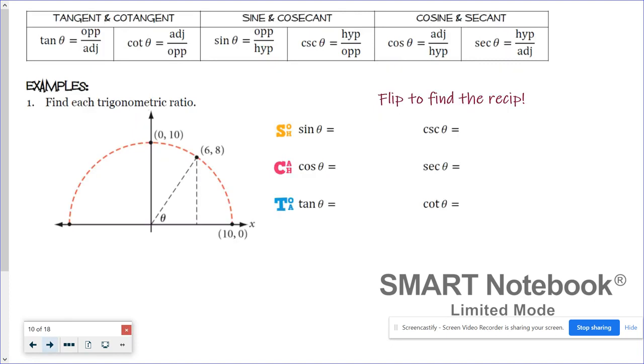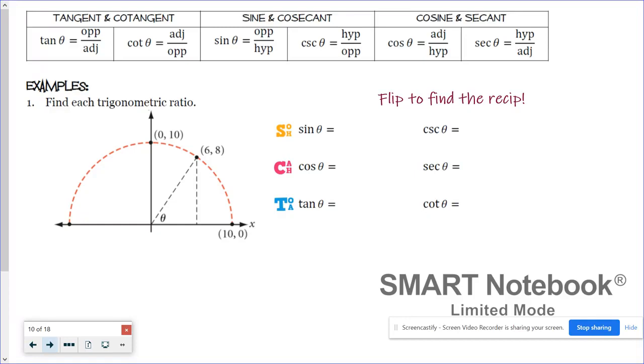And so in this problem here, I want us to find all 6 trig ratios. And honestly, my advice: find the big three. And then once you find the big three, flip to find the recip, okay? And so looking at this diagram here, this is a classic trig diagram because it's taking a triangle and putting it on a circle.